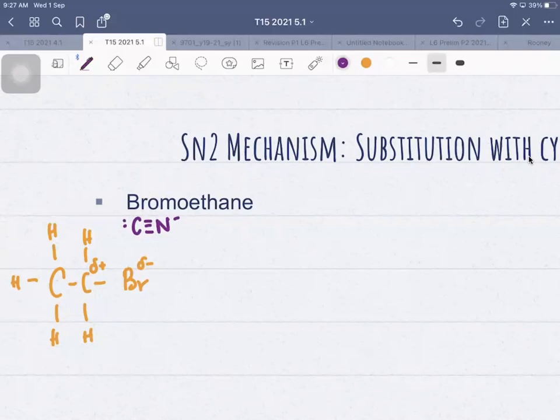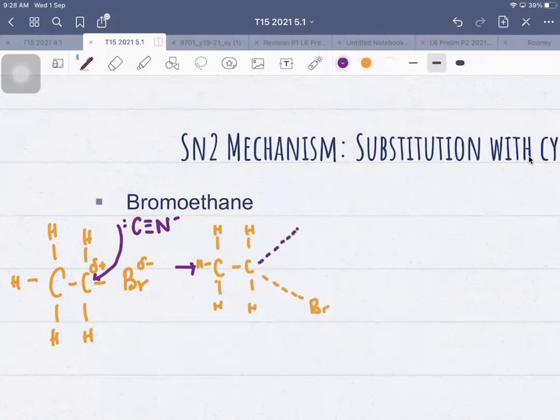The lone pair of electrons on carbon will be given or shared to the slightly positive carbon. So you form a transition state. A transition state shows you the process of bond forming and bond breaking. So that means they are in the process of being broken and in the process of being formed.